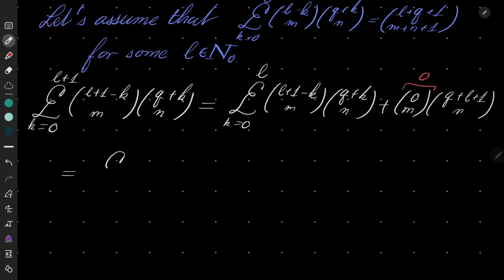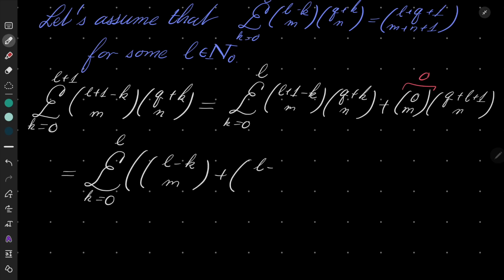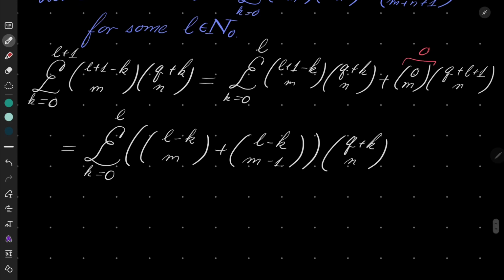And now we are left with the sum from k equals 0 up to L. And again, I will make use of the recursion for binomial coefficients. This binomial coefficient can be replaced by (L minus k choose m) plus (L minus k choose m minus 1), times (q plus k choose n). Very well.